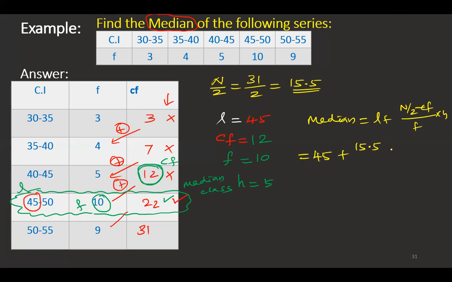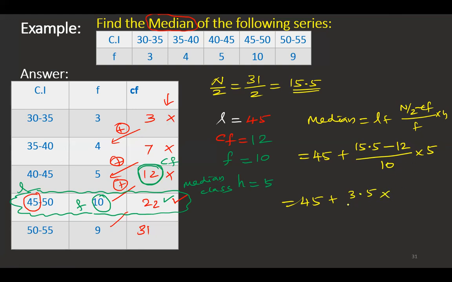Now n by 2 is directly I'm writing. So now what is cumulative frequency? It is 12, divided by the frequency of the median class, which is 10. Now this is 5. So 45 plus 15.5 minus 12 means I'll get 3.5 into this will go here.